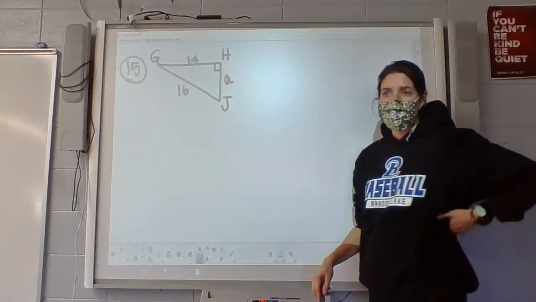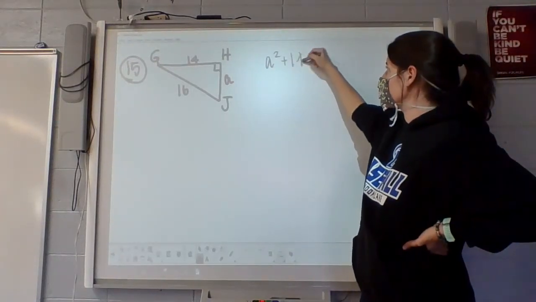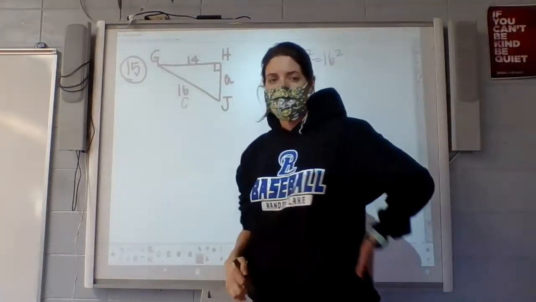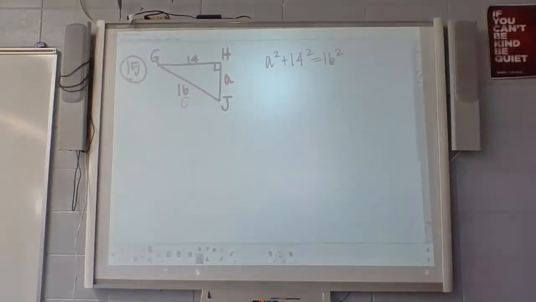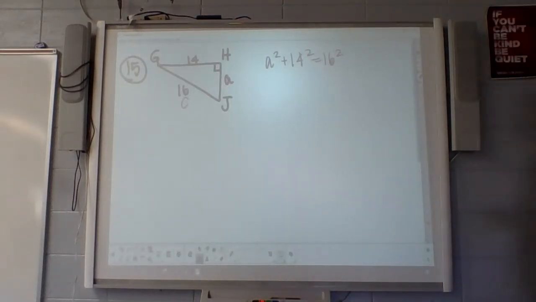And I can do Pythagorean theorem to find that. So a squared plus 14 squared will give me 16 squared, because this is my c value. So I'm going to find little a because that seems like the easiest one to find right now, just because of Pythagorean theorem.